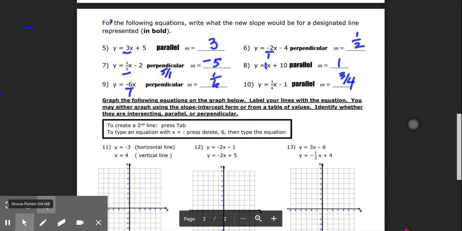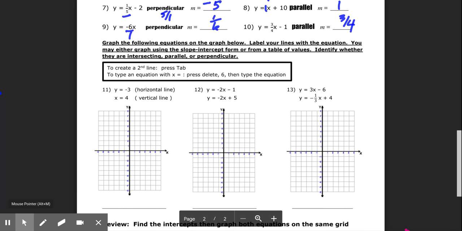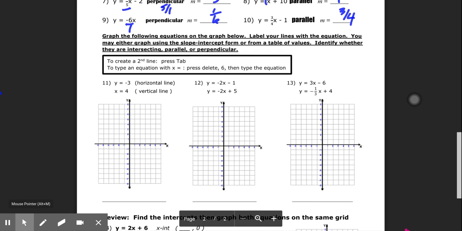All right, let's take a look at 11, 12, and 13. It says, graph the following equations on the graph below. Label your lines with the equation. You may either graph using the slope-intercept form or a table of values. Identify whether they are intersecting, parallel, or perpendicular. To create a second line, you can press Tab.